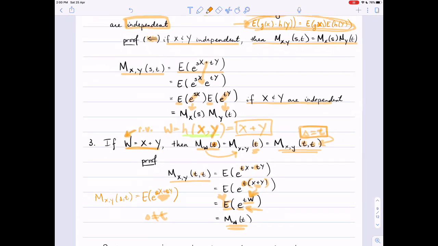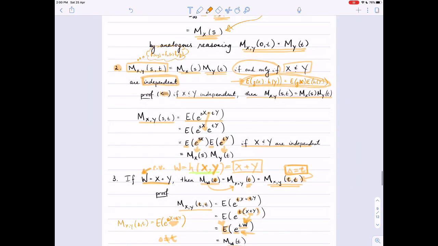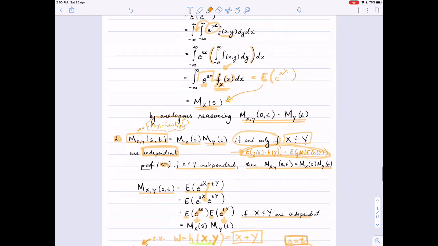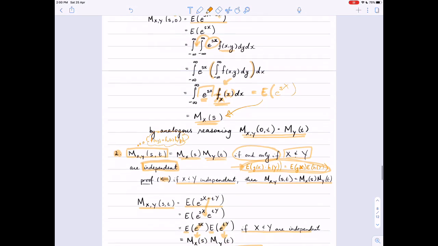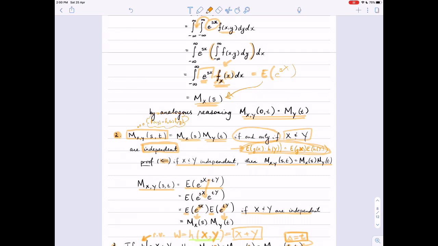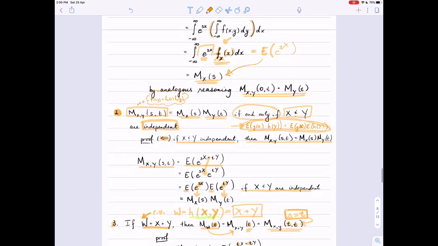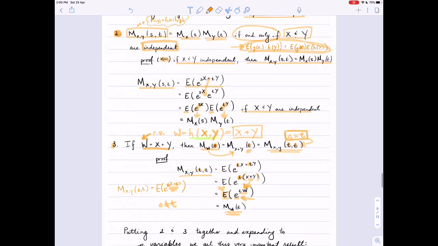So three properties. Let's review those three properties. First property, plugging in zero, and you get the marginal moment generating functions. Second property, if x and y are independent, then the product of the marginal MGFs gives you the joint MGF, and vice versa.